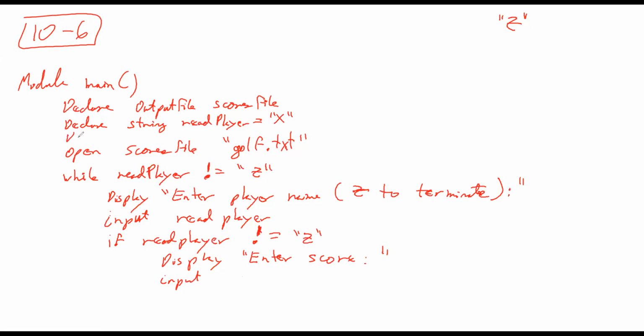So we need another variable here. Declare. We're going to say integer read score. Okay, just like that. So now down here, I'm going to say input read score.